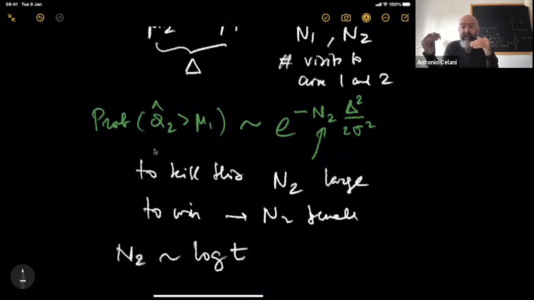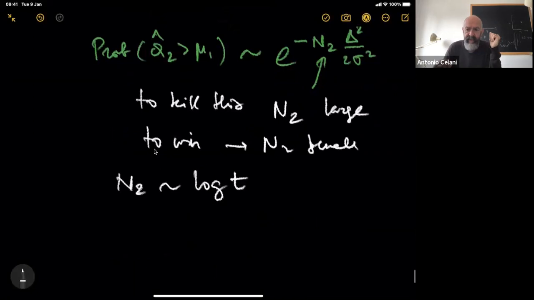The number of times that you visit some suboptimal arm must grow in time, because if you stop visiting, then there still is a small probability that things can be different from what you observe, even if it's exponentially small. So N2 must grow, but it must not grow too fast. And it turns out that the sweet spot is to make it grow logarithmically in time.